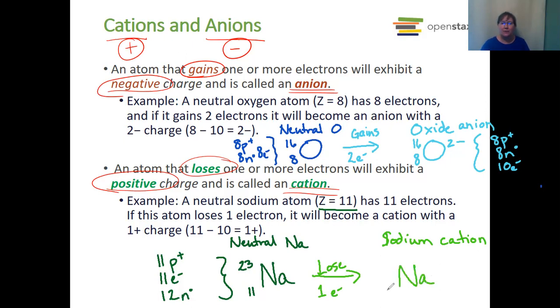And now in this case, we have our sodium here and we still have the same mass number and the same number of protons because electrons don't change that, but we've lost 1 electron. So here we have 1+. Sometimes it's written as 1+, but sometimes it's just written with a single plus sign like that. Okay, and in this case, we have 11 protons and we have those 12 neutrons still. That hasn't changed, but we've lost an electron, so now we have 10 electrons.